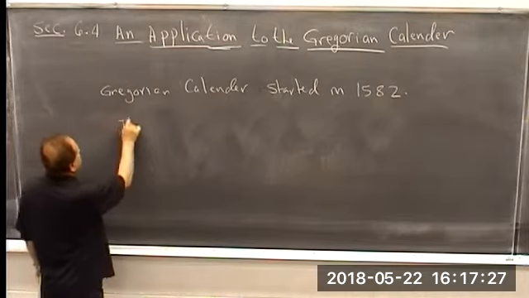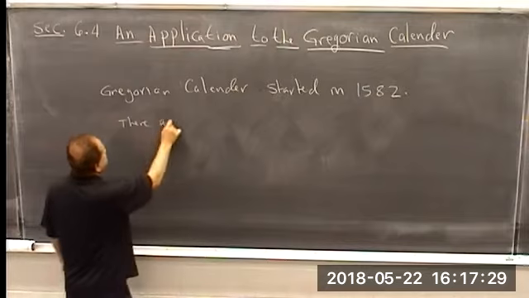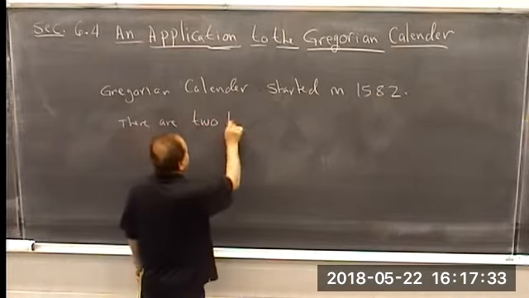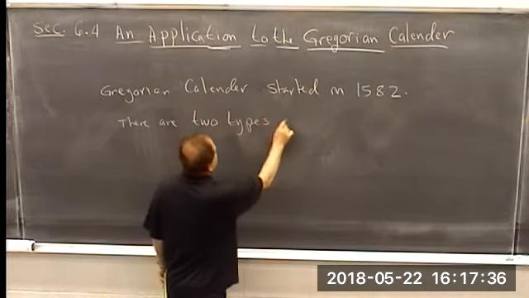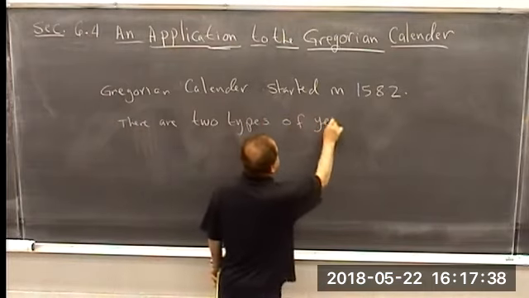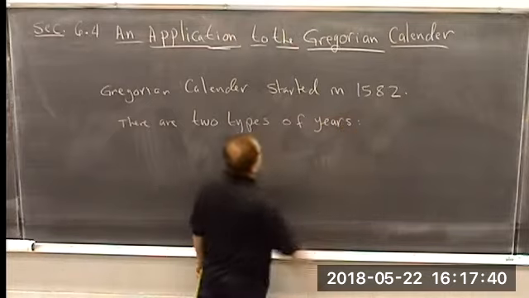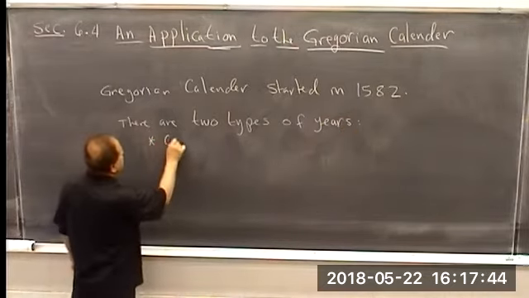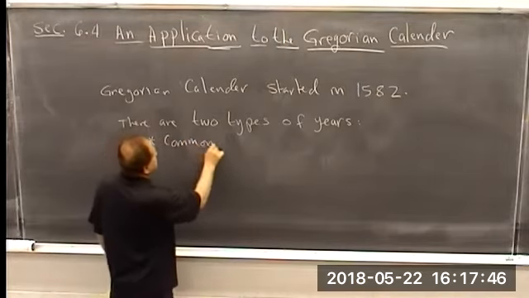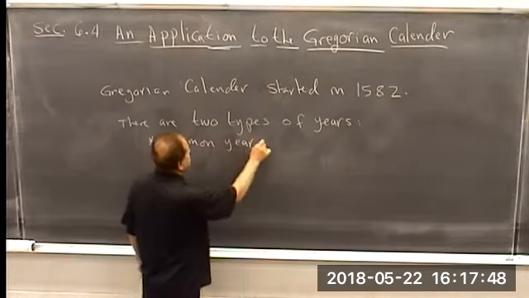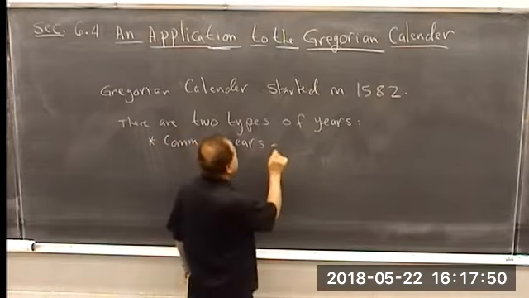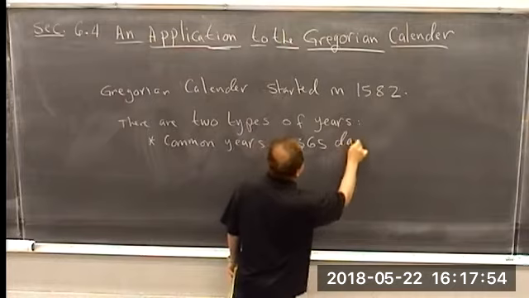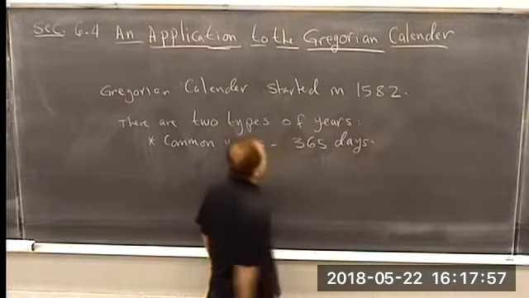All right. So first, to understand the derivation in here, we need to distinguish between different types of years. There are basically two types of years. The one which we call the common years, and these consist of 365 days in each one of these years.